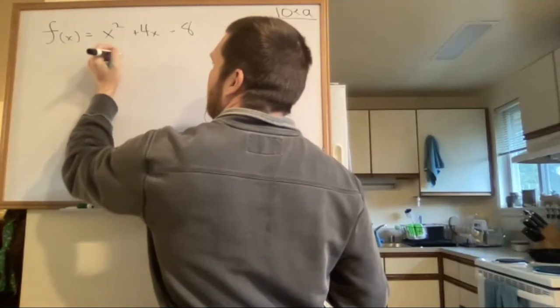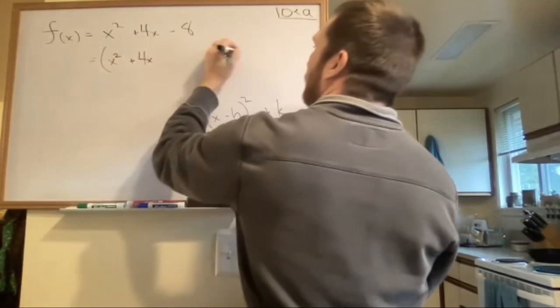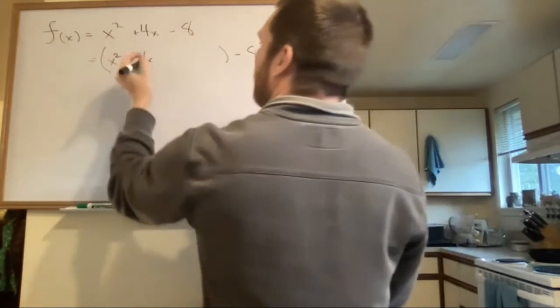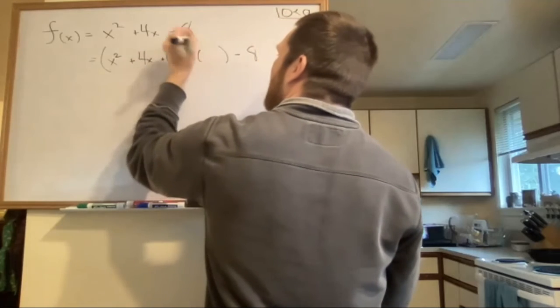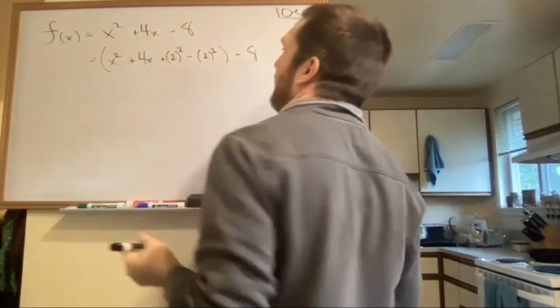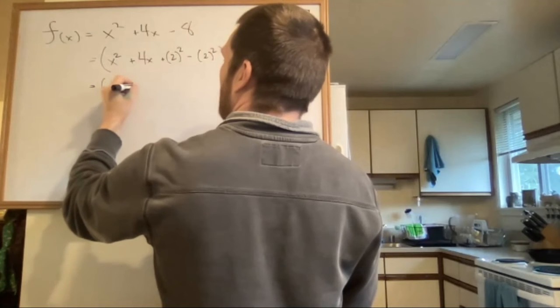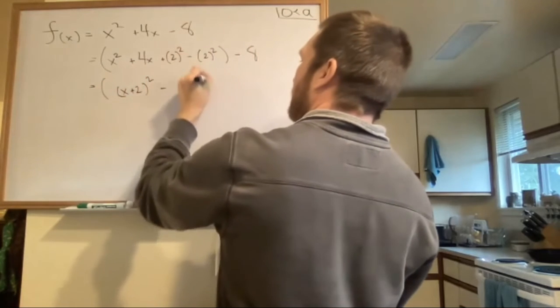You're going to say, okay, x squared plus 4x is 8. And you're going to say, okay, I take half of the middle thing, I add it and subtract it like that. That gives me the perfect square right there, which is x plus 2 quantity squared minus 2 squared.